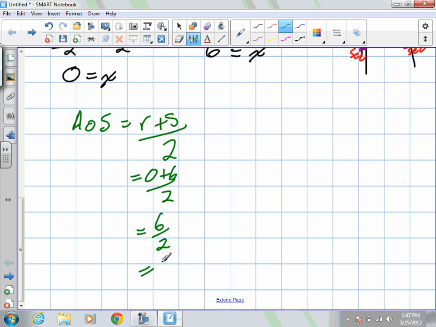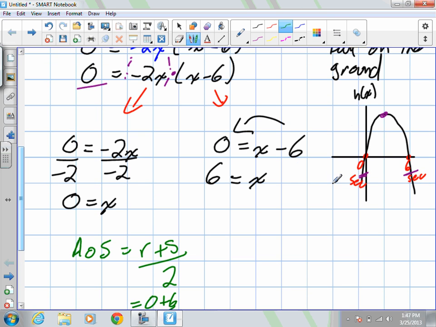The axis of symmetry, or the time when the ball is at its max peak, is at 3 seconds. So we've just solved for the x value of the vertex. Okay, we're still looking for the y.